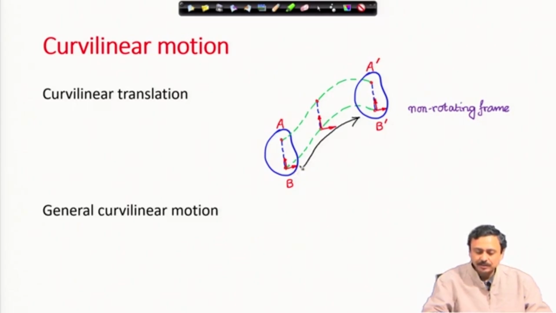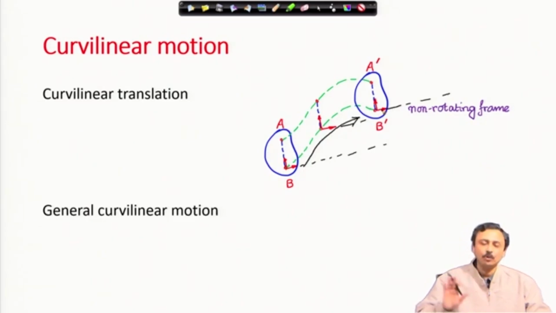These two axes stay parallel. As the frame moves, the unit vector directions which define the frame do not change, but the origin can move on a curved path. Such a frame is a non-rotating frame, and such a motion is called curvilinear translation.